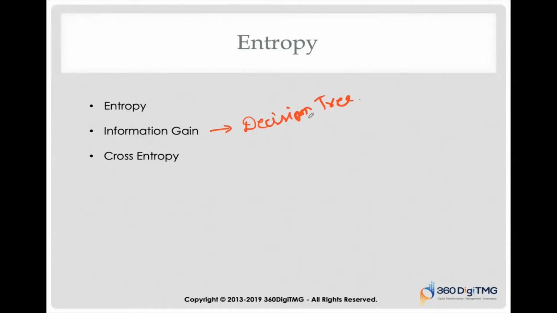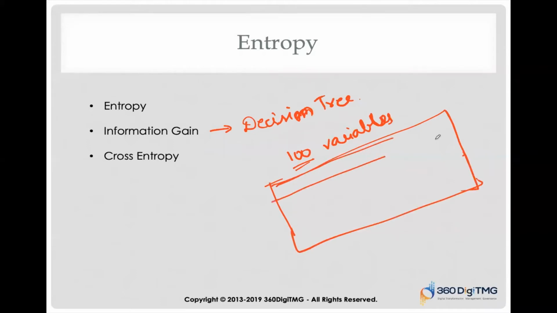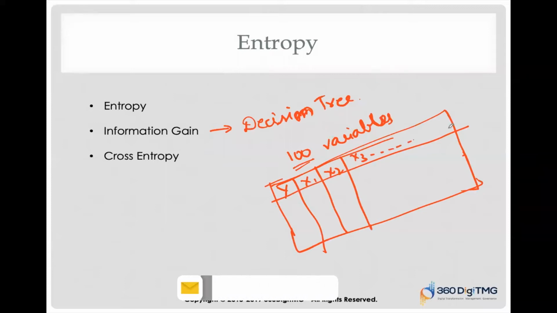For example, if you have say 100 variables and you are asked to build a model, you might feel that if you use all the 100 variables, X1, X2, X3, in that way, it might become complex. And according to Occam's razor or principle of parsimony, the simplest model is the best model.